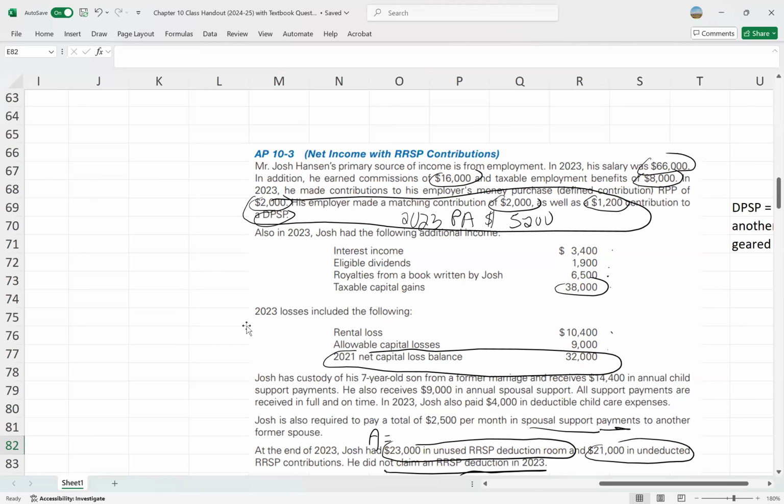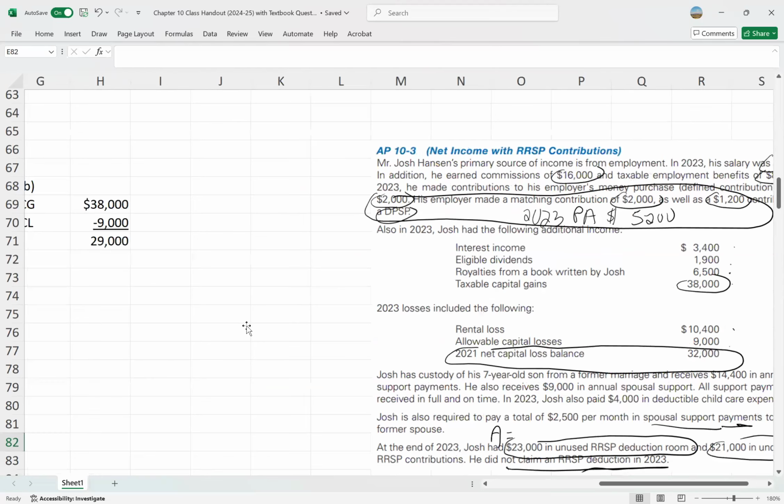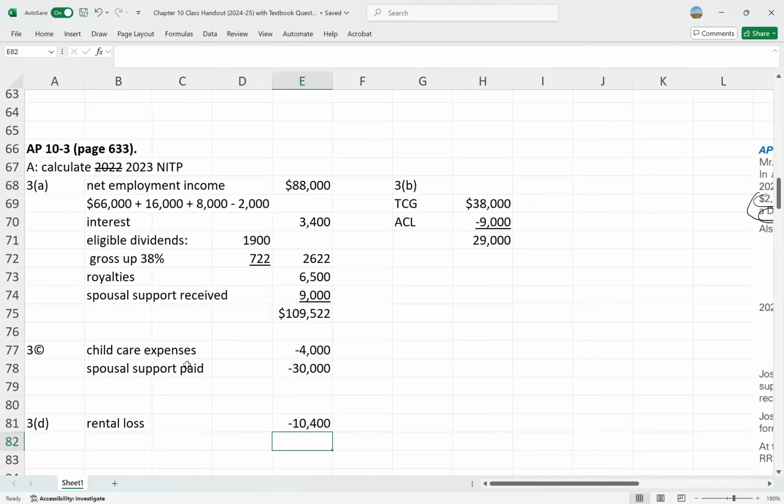The only other thing that is missing is in 3C. And you may remember this from chapter 4. In chapter 4, we talked about the CPP deduction. And we said that if you contribute the maximum in CPP in a particular year, most of it goes to a tax credit multiplied by 15%.